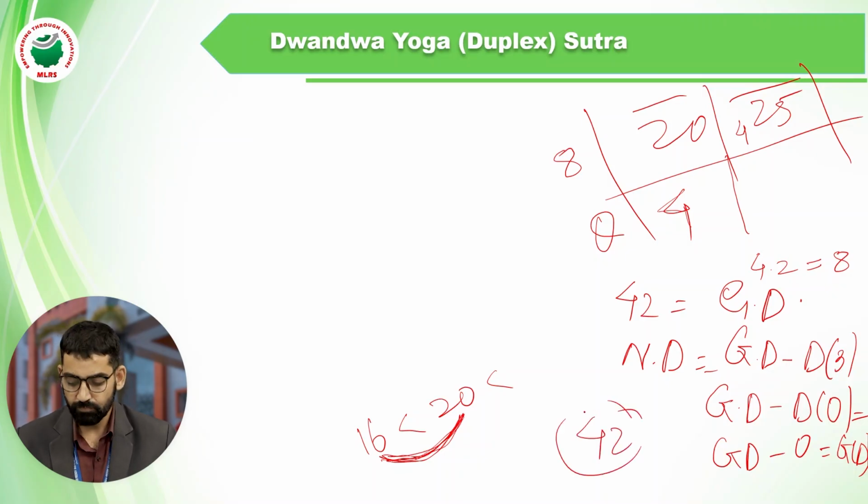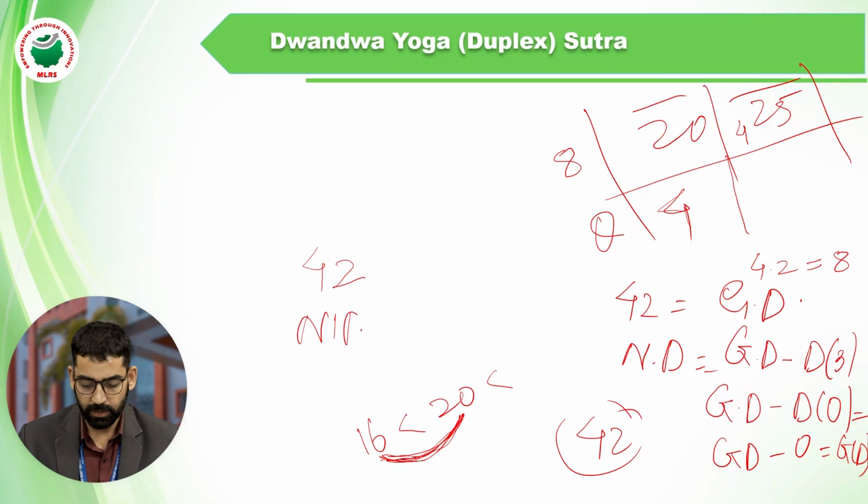Again, after taking the remainder here, this becomes 42. 42 is now called the gross dividend. After we get the value of gross dividend, which is 42 in this case, we are left with finding the value of net dividend. So net dividend equals gross dividend minus duplex of the number that appears here.